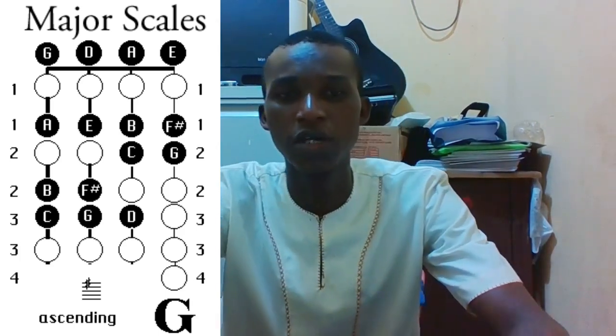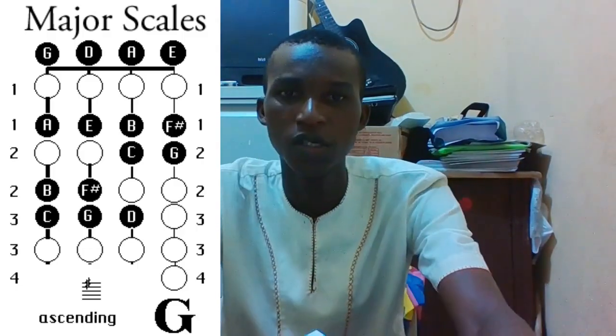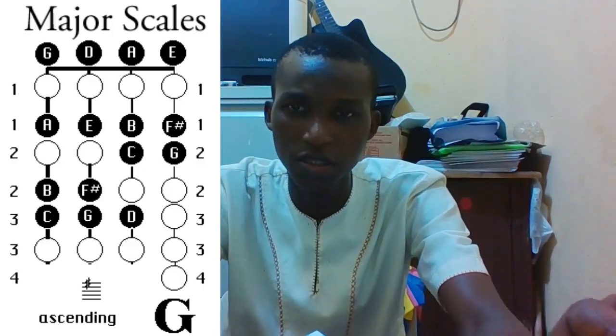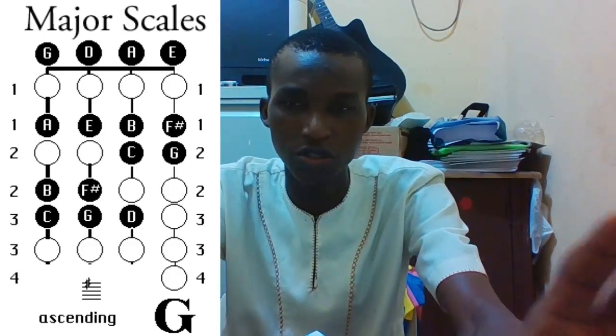Then we have D, E, F, G. I hope that's clear. If you see the diagram properly now, you see G, A, B, C, D, E, F sharp, G. I like this very well because it shows us those keys that are scaled on G on the violin.